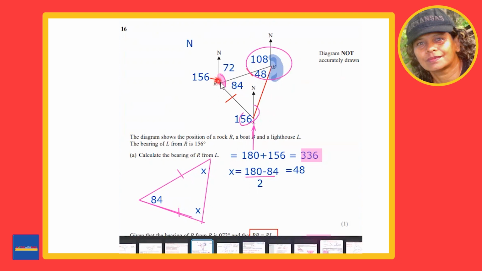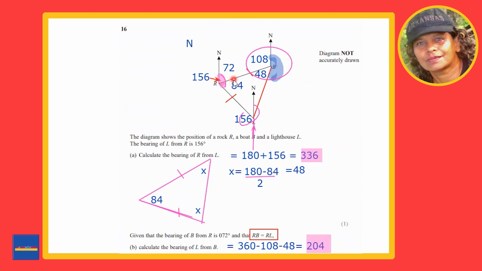Then the bearing of L from R is 156, and we have this triangle where we have to find out the bearing of R from L. Since the bearing of L from R is 156, if we look at these two lines, these are alternate angles.